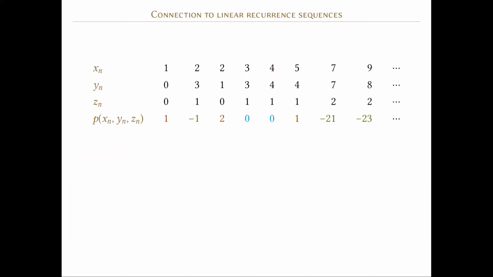Now let's have a closer look at what these values of S are. So here, each column, the first three entries in each column correspond to a value of S. For example, the first one is S0, second one is S1, S2, S3, and so on.